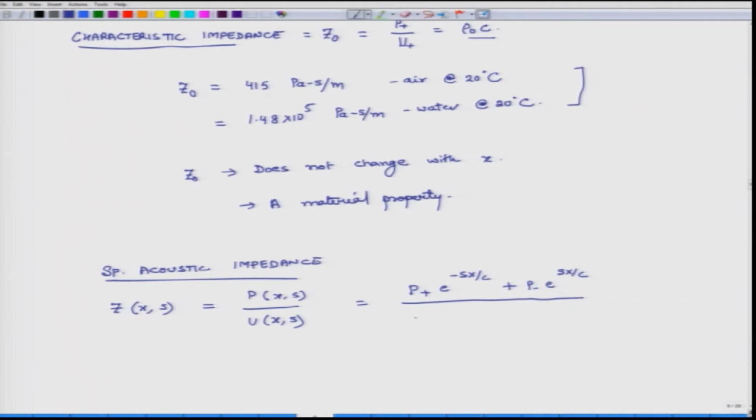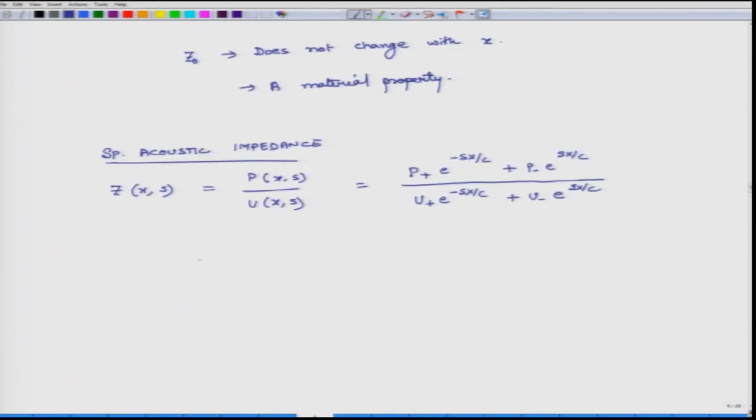And likewise, what is velocity? It is u plus e to the minus s x over c plus u minus e to the s x over c. This I can rewrite as P plus e to the minus s x over c plus P minus e to the s x over c, divided by P plus by Z naught e to the minus s x over c minus P minus by Z naught e to the s x over c.